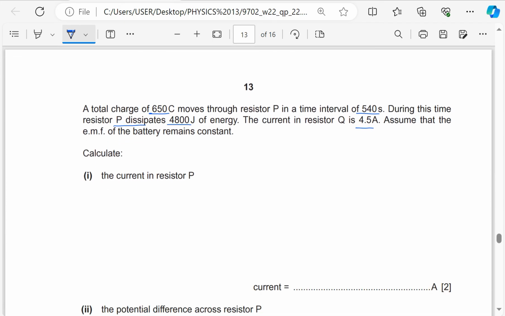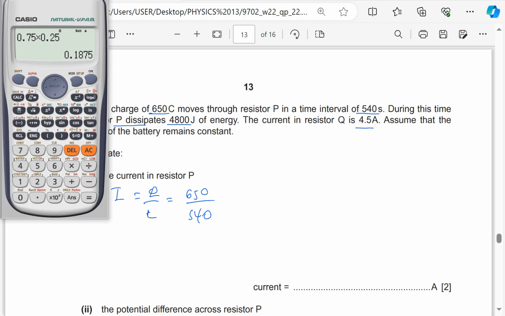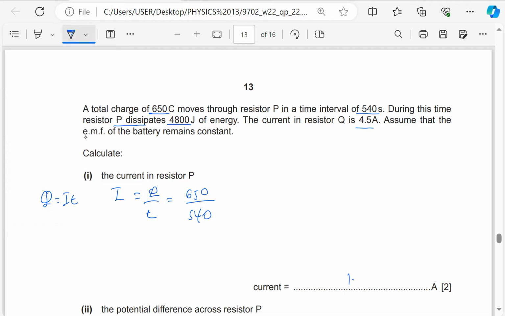We know that charge is equal to I times T, so current is going to be Q over T. They've given us the total charge through resistor P. So charge is 650 and the time is 540. So 650 divided by 540 is 1.2. So the current here is 1.2.